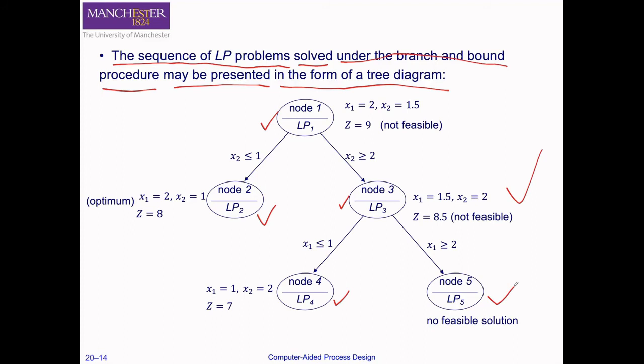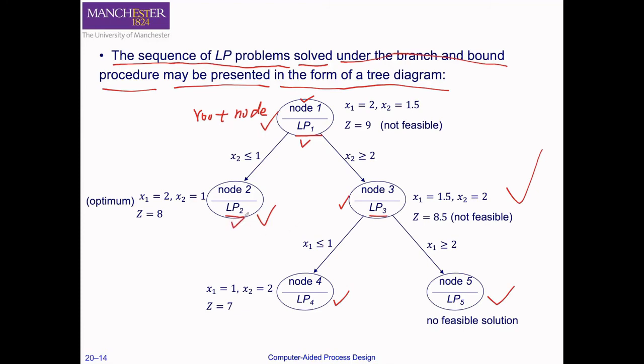These nodes are numbered based on the sequence in which the LP subproblems are solved. As we have discussed, we first solve LP1. So LP1 corresponds to the first node, node 1. This node is the starting node of the tree. It is also called the root node or initial node of the tree. Then we solve LP2 and LP3. We first solve the LP2 problem.